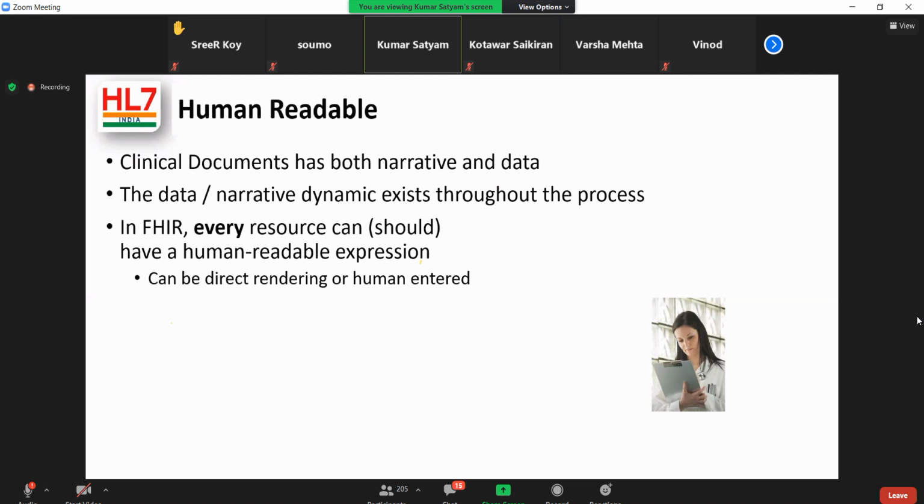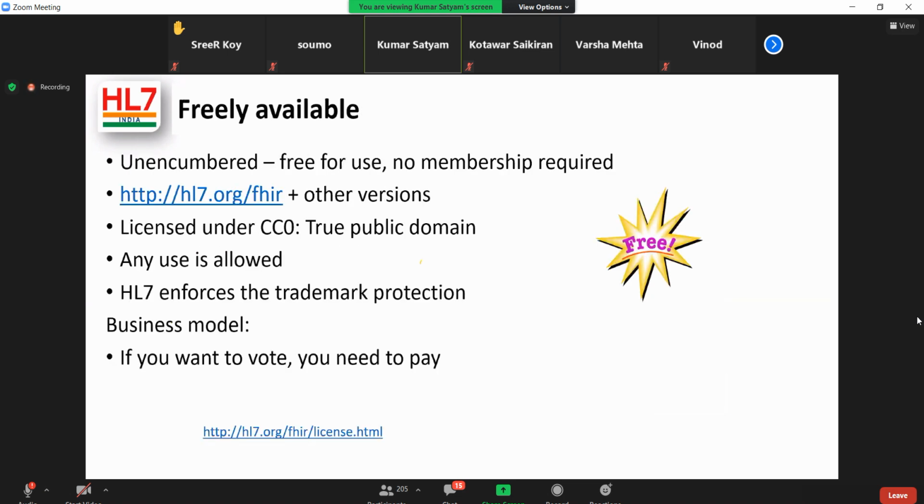How do you detect clinical errors? How do you detect something wrong? For that, FHIR says that there should be a narrative section, with data that can be read by everyone. A human being should be able to read it directly, or it can be rendered for human reading.